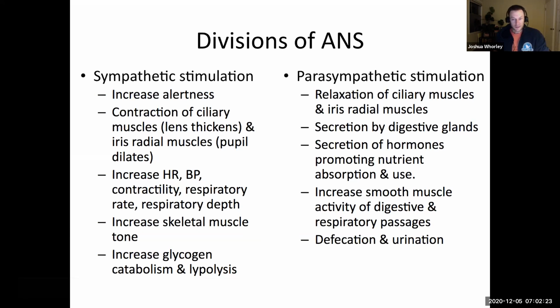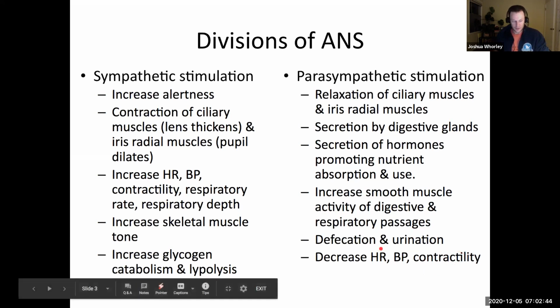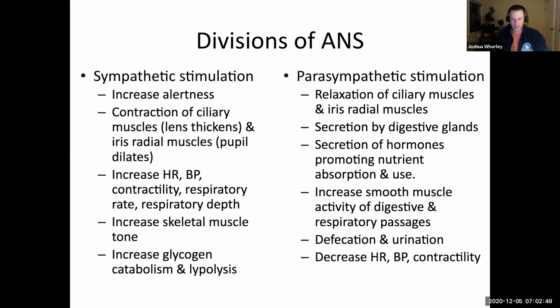The urge to defecate and urinate to get rid of whatever waste products we've got comes with parasympathetic stimulation. And of course, then you get decreases in heart rate, decreases in respiratory rate and respiratory depth, decreases in blood pressure, decreases in the strength of contraction of the heart or of heart contractility. So these are all effects of stimulation of the parasympathetic nervous system.